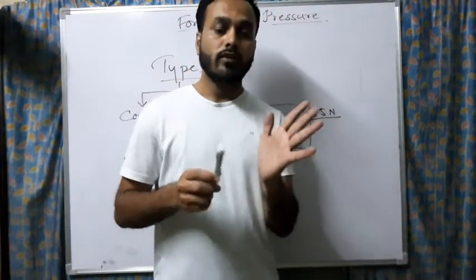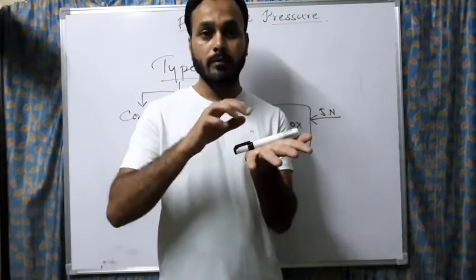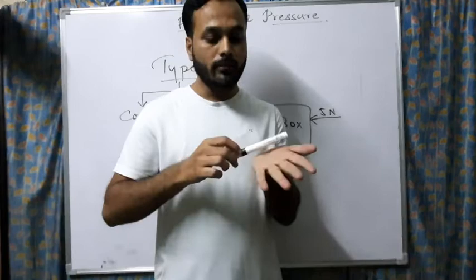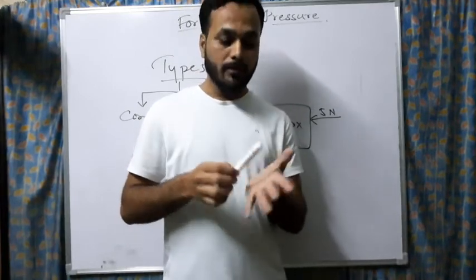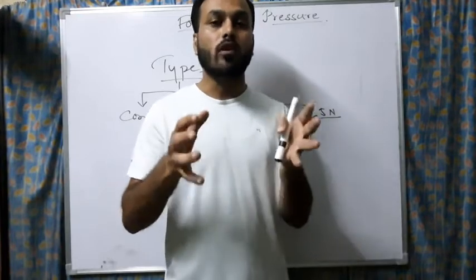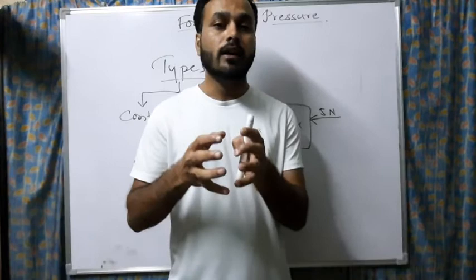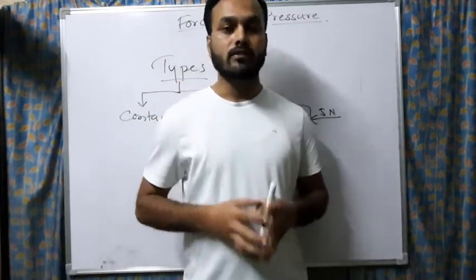When two surfaces are in contact, maybe it is resting on that, maybe it is rolling on that, or it may be sliding. The force which comes into play between these two surfaces in contact, and always tries to stop an object from moving, is called frictional force.